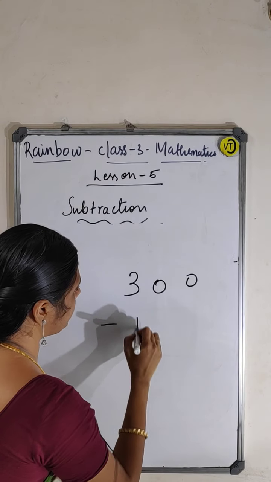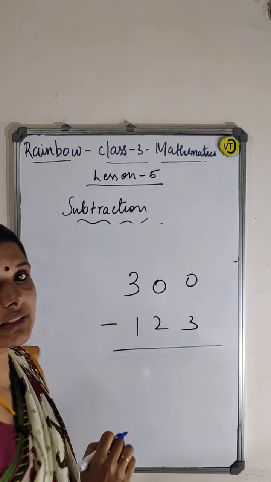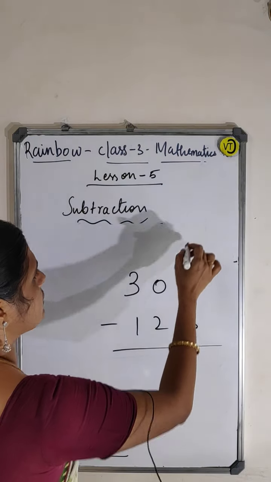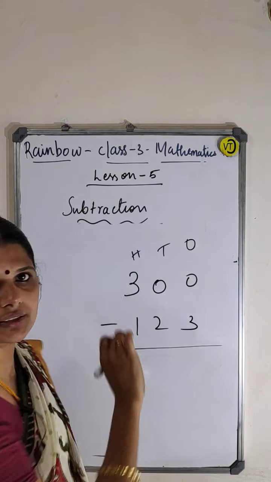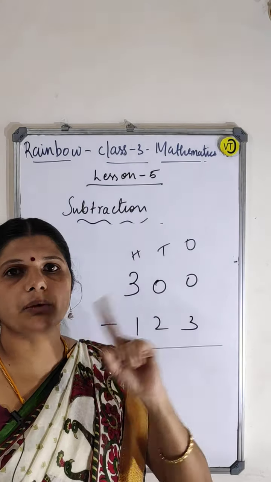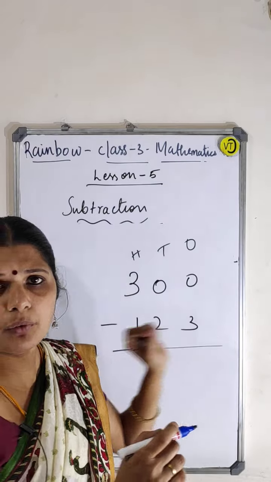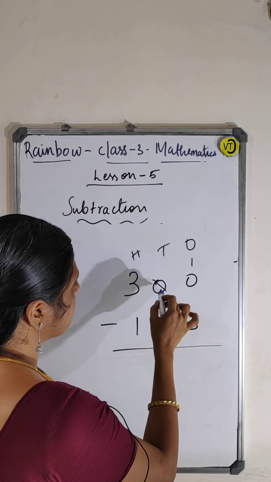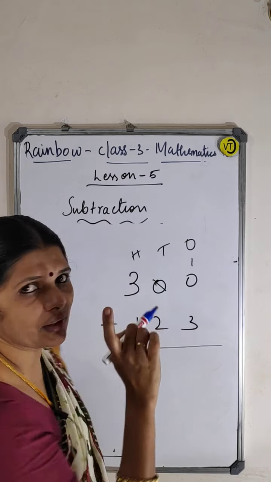300 minus 123. Subtraction, that is the operation you need to do here. This is ones, tens and hundreds. What will you do? 0 minus 3, it won't go. What I told you, take the borrowing here. So this is 10. Now listen carefully.